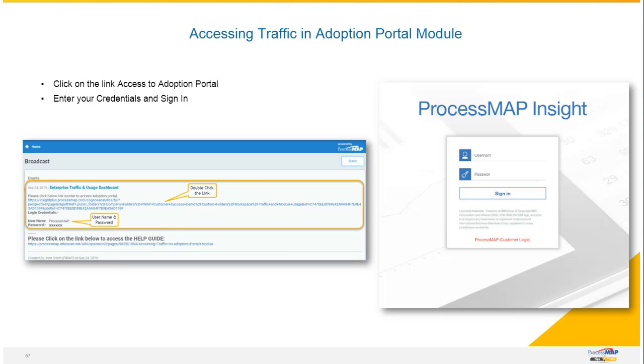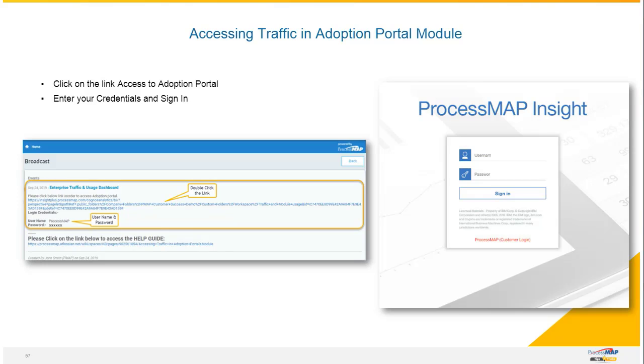So by navigating to the broadcast, and if you utilize the search functionality and search for enterprise traffic and usage dashboard, you'll find, as displayed on the left-hand side here, a broadcast with the user credentials.